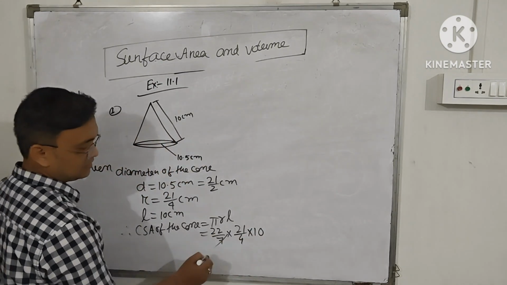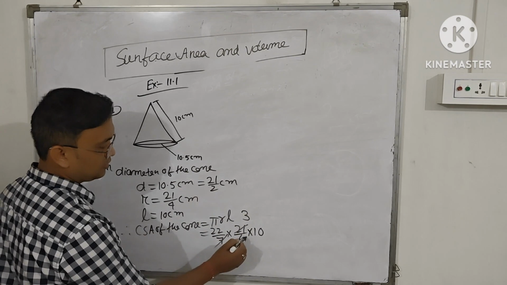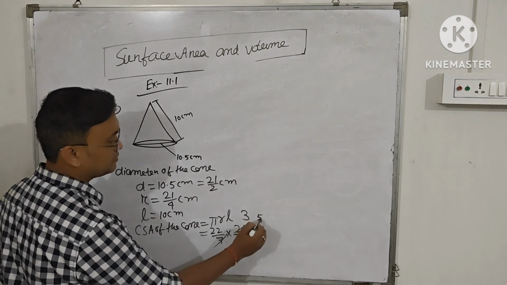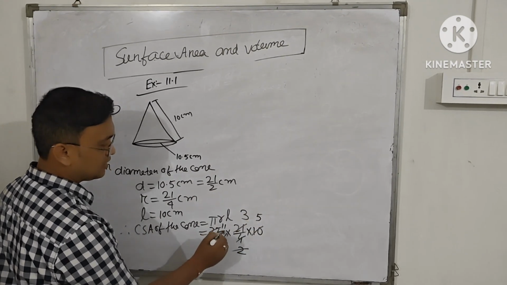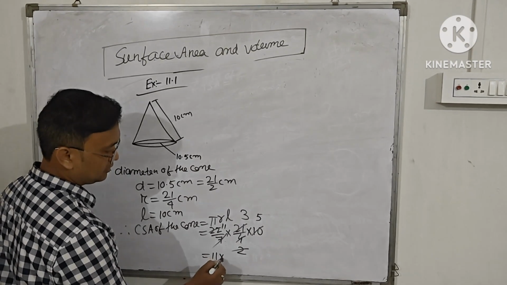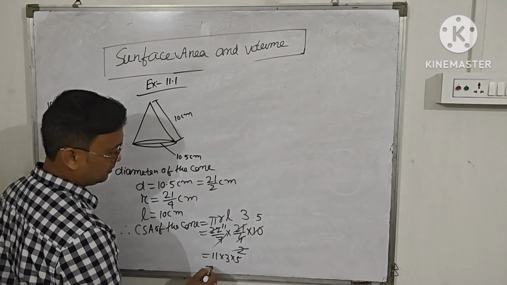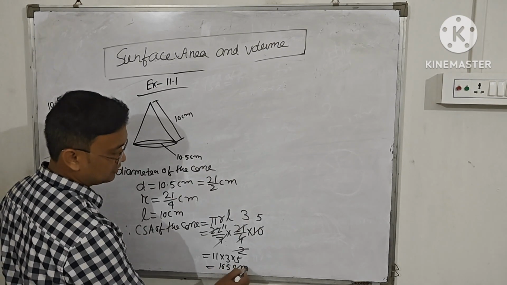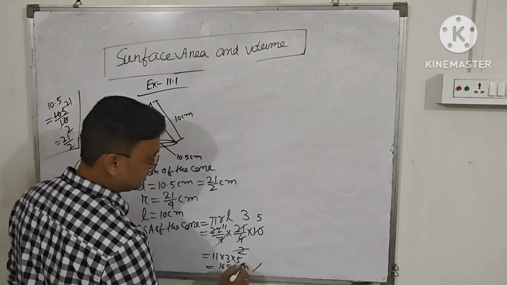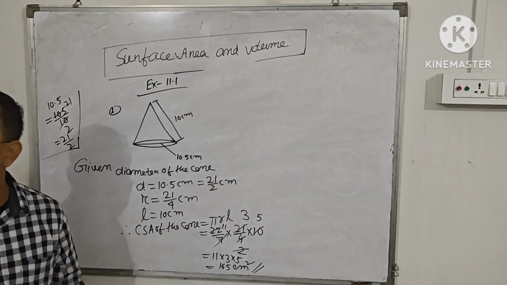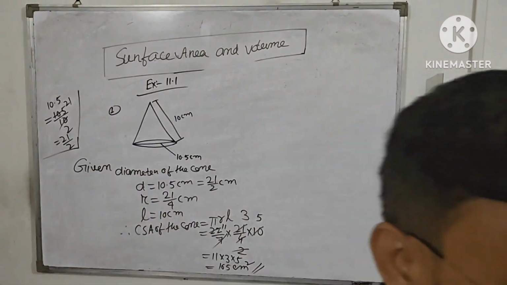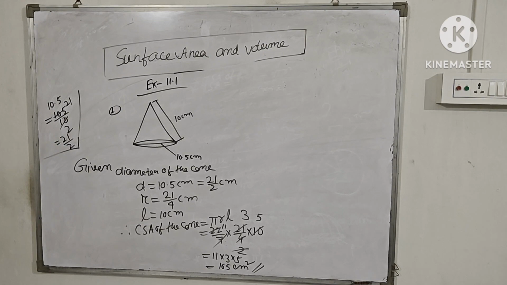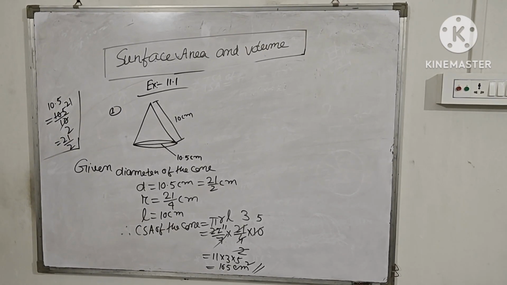Simplifying, we get 165 centimeter square. So this is the answer for first question. Note it down. Straightforward question. Next question.